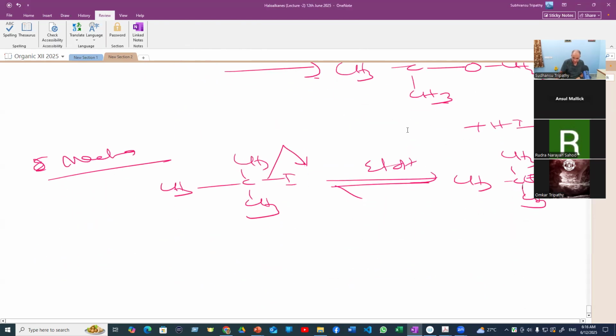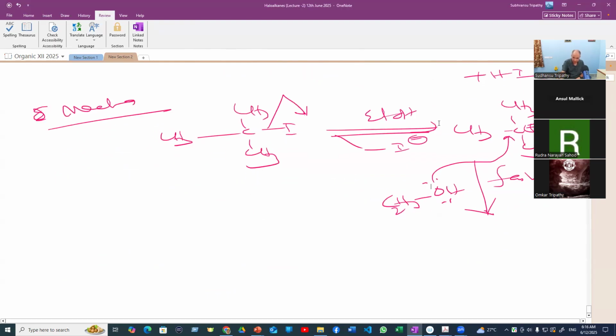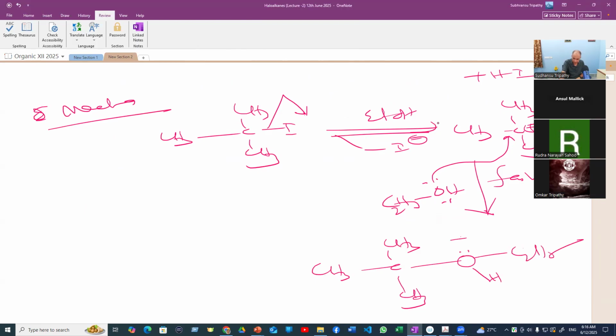Carbocation plus I minus will form, the leaving group will go first, and then the alcohol, just like water, will attack to produce a protonated ether, and there is a third step. And then deprotonation will occur to produce the ether.